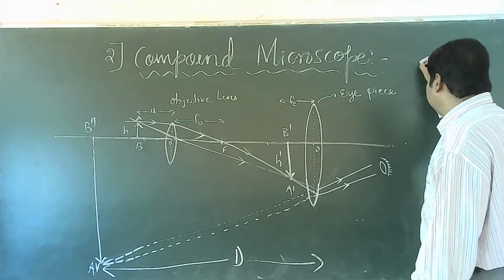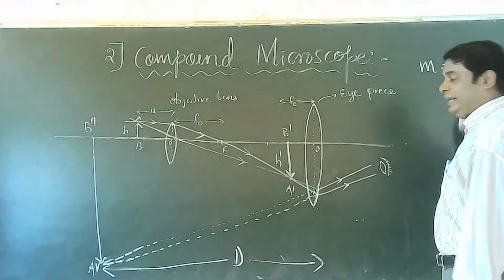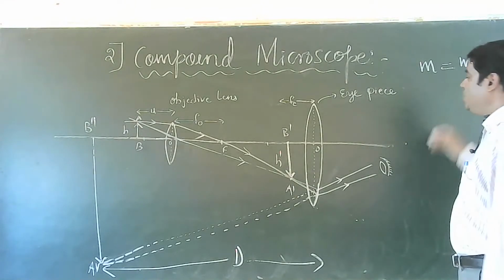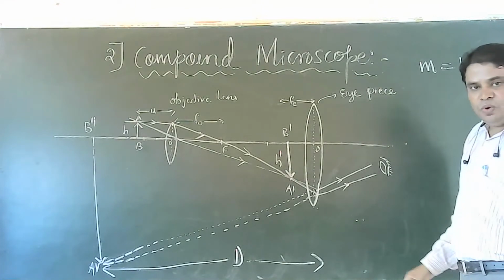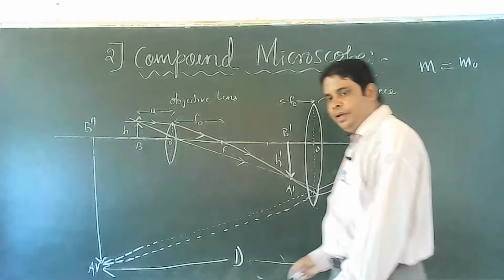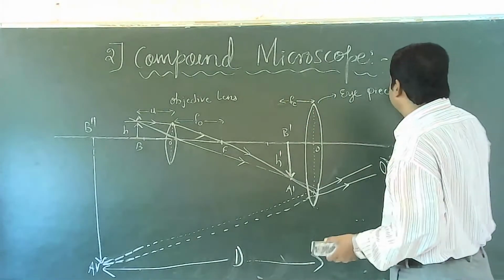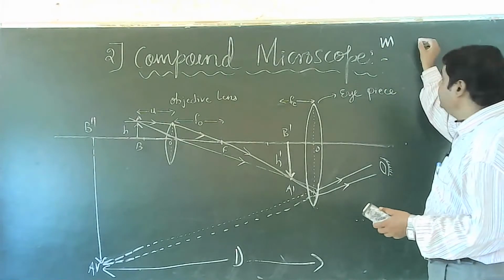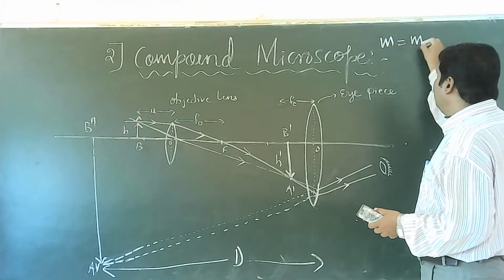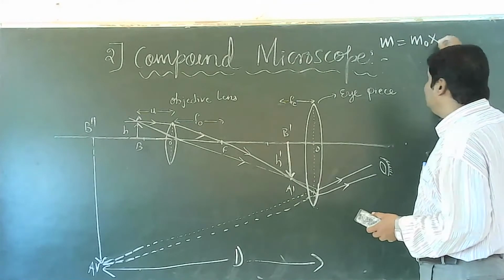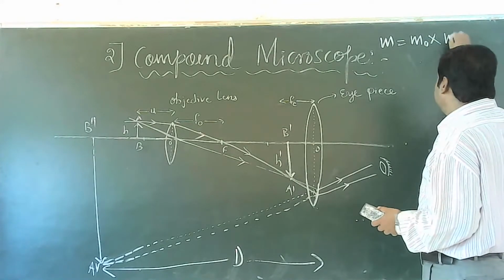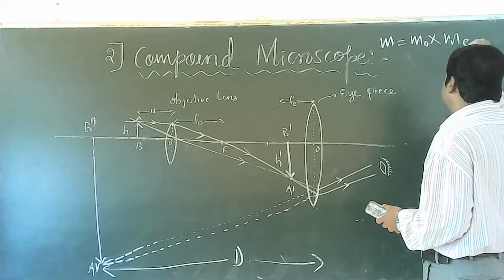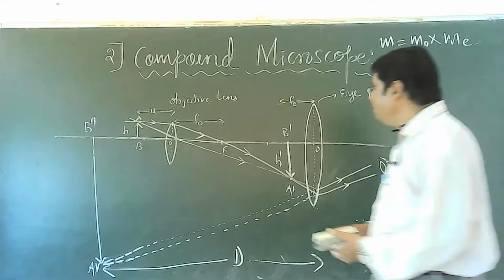Okay. Here magnification is due to the objective into magnification due to the eyepiece. I will write here.